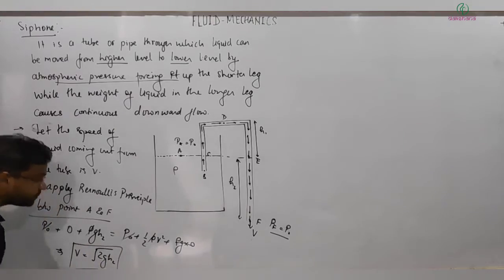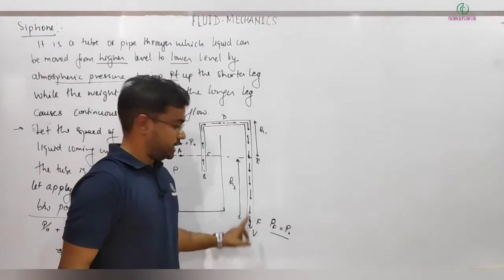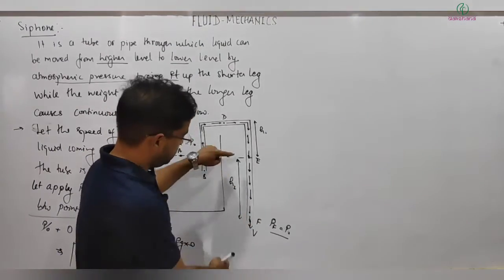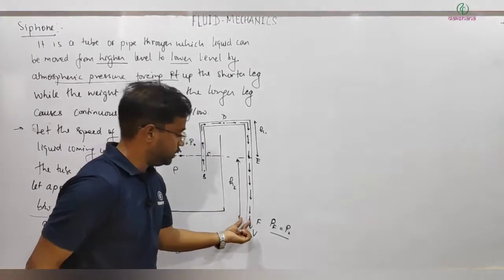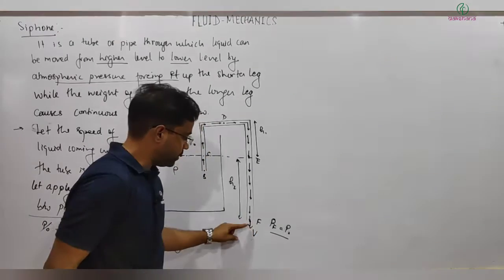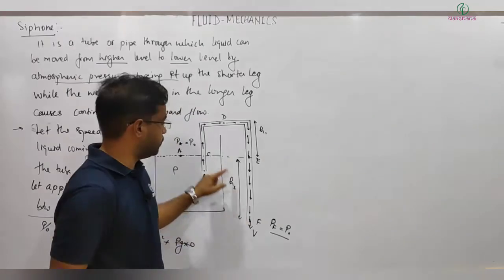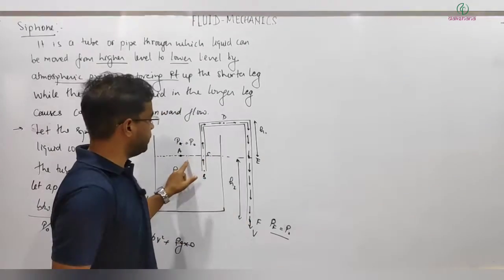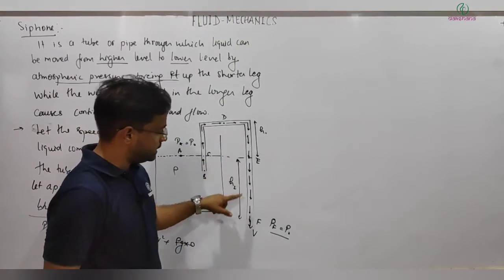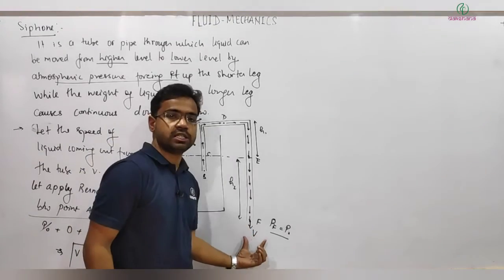So first thing is, the velocity of fluid coming out from here is depending on this height, where you are holding this tube, and from this lower end of the tube, what is the level of liquid in the tank. On this height, your velocity will depend.